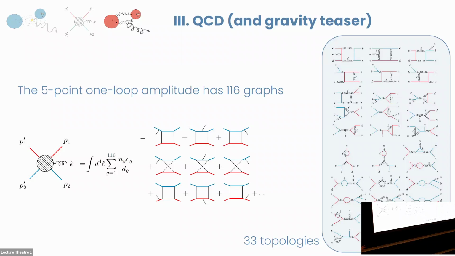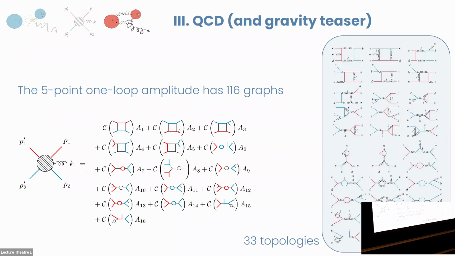But luckily in QCD, you can rearrange a little bit, and you have these color factors that you can gather on. So you can rewrite this in terms of just 16 independent color factors with partial amplitudes that are, of course, smaller and easier to handle. And let me just see if I remember this correctly.